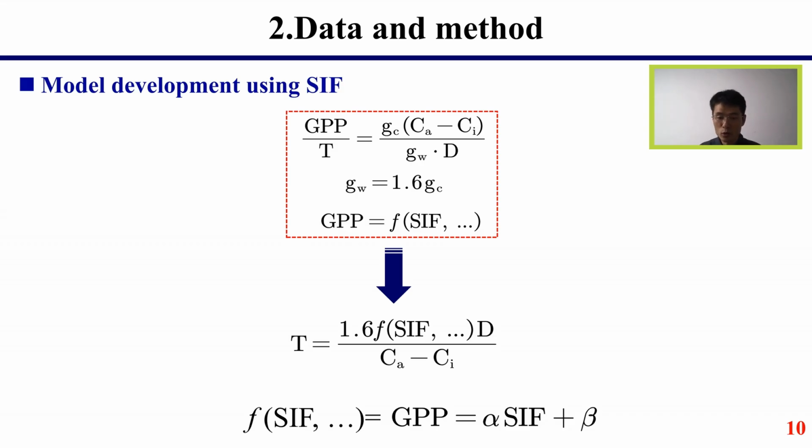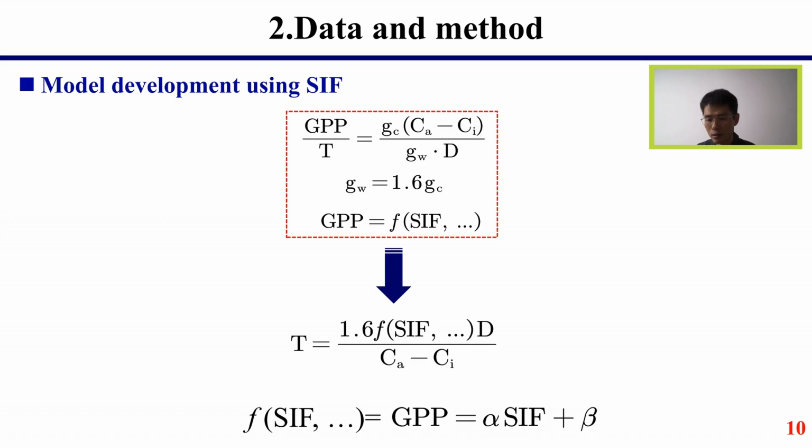In order to estimate the transpiration using this model, we have to either replace the Ci using some known variables, or remove it. Here SIF relates to GPP, so we use a very simple linear equation to simulate the GPP.